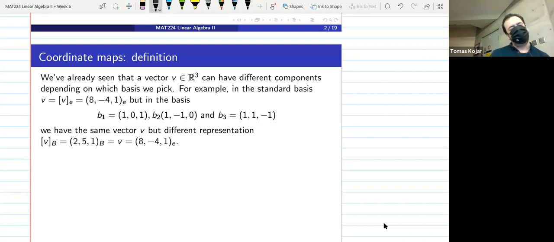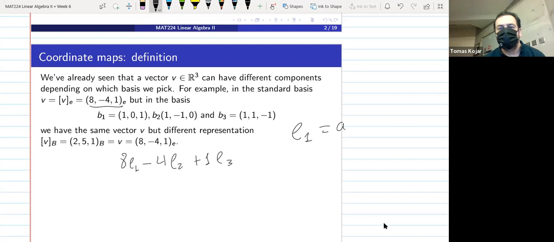So you have this point, 8, minus 4. So this is 8 E1, minus 4 E2, plus 1 E3. Then you want some expressions of the E's in terms of the B's. So what am I saying here? I'm saying 2, 5, 1.